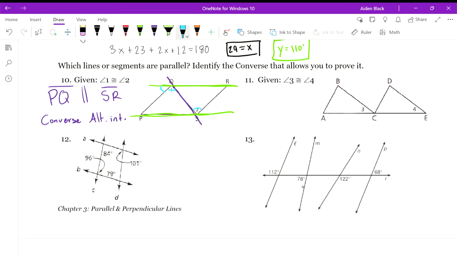So the point being here is, if you look at the angles, these ones, they don't go all the way to the parallel lines, or what we would hope are parallel lines. So those aren't alternate interior like we would hope they'd be.